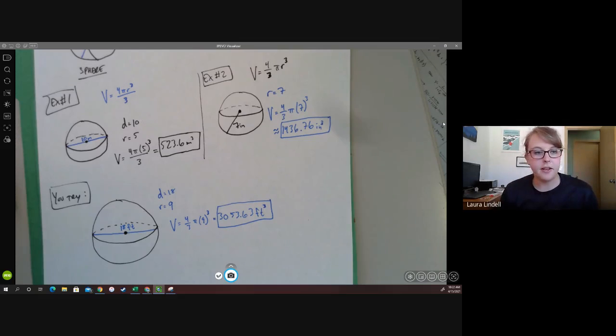So if I wanted to find the volume of just half a sphere, you can find the volume of the whole sphere with that radius and then just cut it in half. That's the only other thing you might run across. But that's pretty much everything that we could possibly see with volume of sphere.